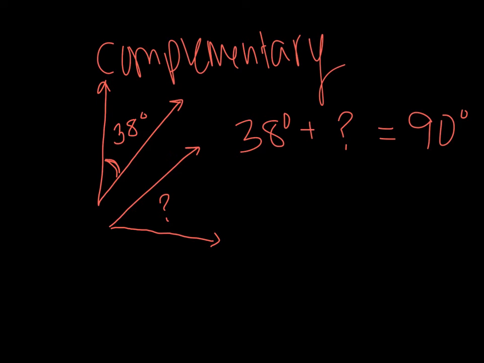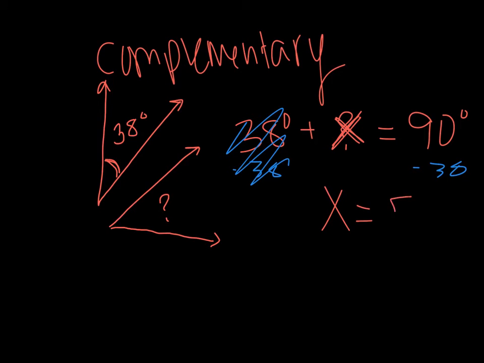So you can either use your mathematical brains and just be like, oh yeah, Miss Pyro, I can tell that that's going to be 52, or you might have to do a little bit of math, and so this is just like an equation that we've been working with. So instead of a question mark, we could put a variable here, so say we call it x. One-step equation, subtract 38 from both sides, so that gets rid of this 38. You're left with x equals 90 minus 38, and you get 52. So you know that that question mark has to be 52 degrees.